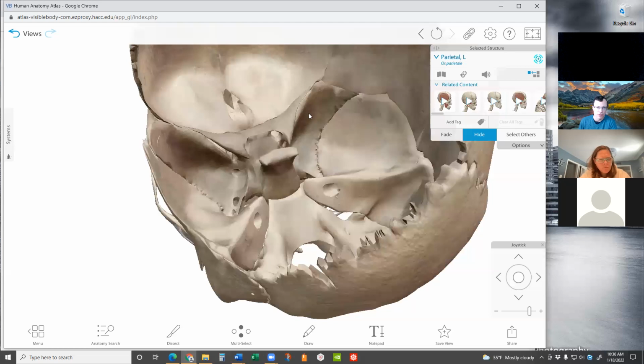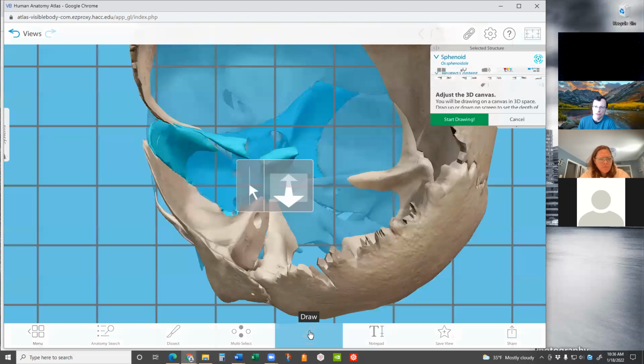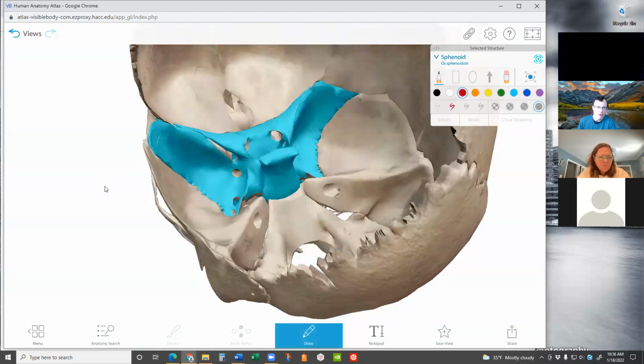Right here is the sphenoid bone. Let me highlight it. Sphenoid bone, right? I might show you a picture on an exam like this. And after you're done cursing that I'm showing this to you, you're going to have to tell me what this is. This is the sphenoid bone.